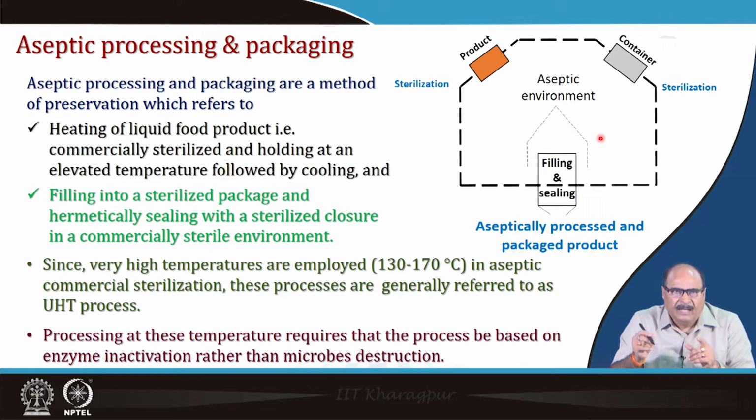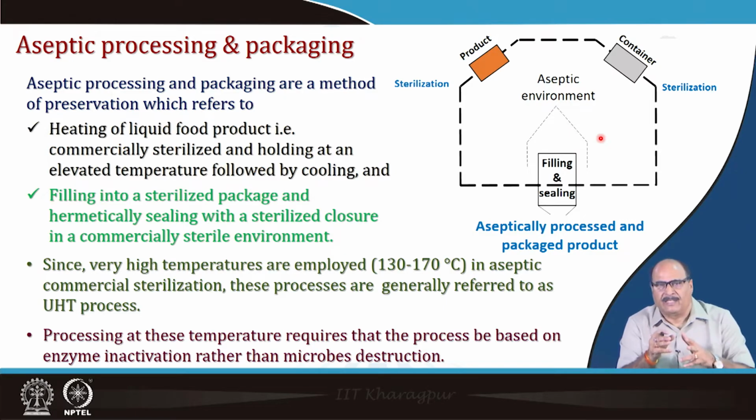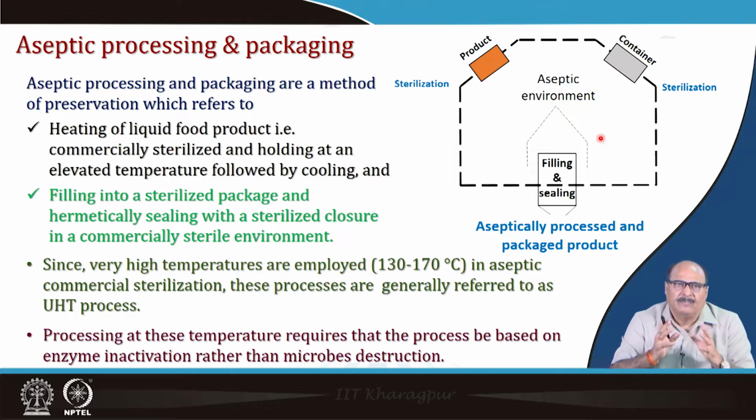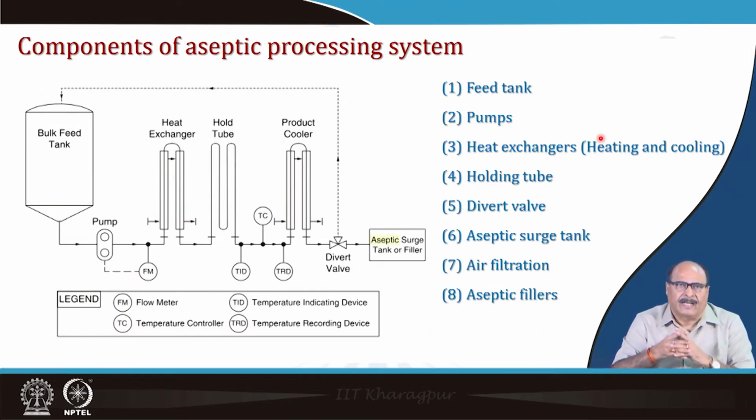Processing at these temperatures requires that the product sterilization process be based upon enzyme inactivation, because under these high temperature ranges it has been seen that enzymes show a higher resistance than the microorganisms. So, most of these processes are generally based upon the enzyme inactivation kinetics.